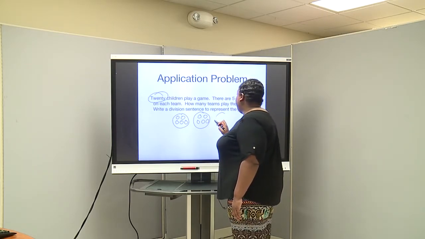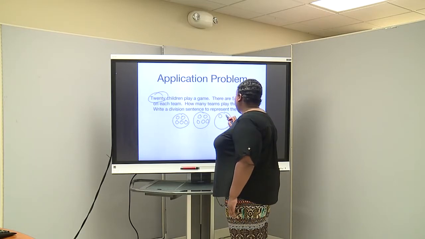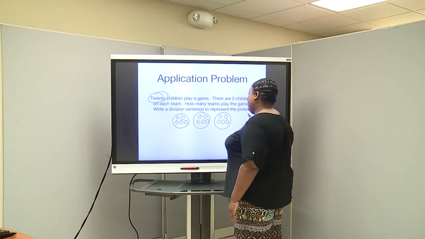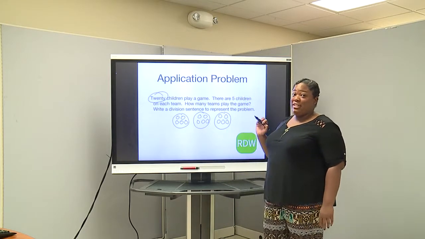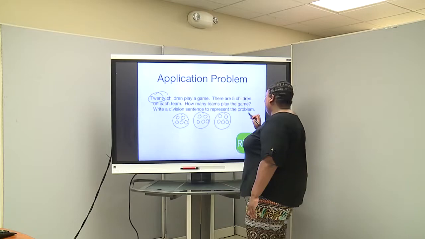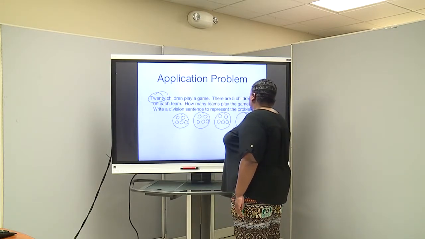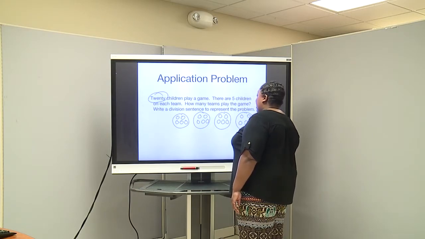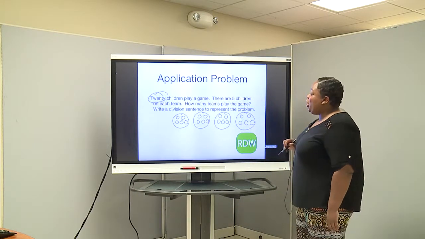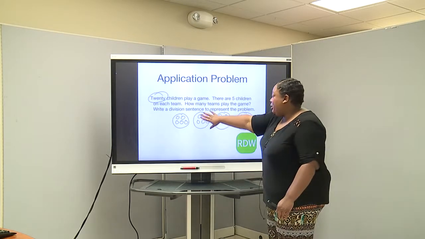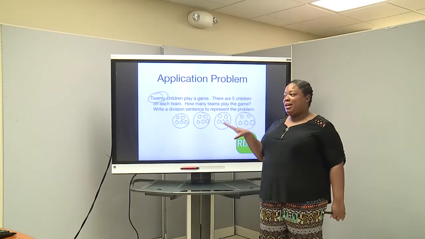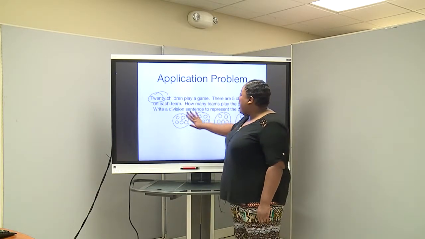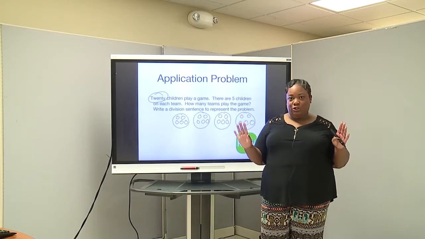Still not done. 11, 12, 13, 14, 15. Still not done because what number am I trying to get to? I'm trying to get to 20. 16, 17, 18, 19, 20. So now my total number of circles is 20 because I know I have 20 children. And I know that the size of the group is 5 because there are 5 children on each team.